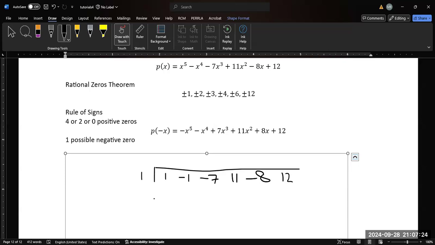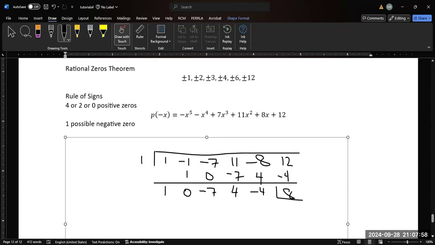So 1 goes in our synthetic division. And we bring down the 1, we multiply 1 by 1, and I get negative 7, then I multiply, I get negative 7. That gives me 4, that gives me negative 4, and that gives me 8. That's not 0, so that doesn't work.